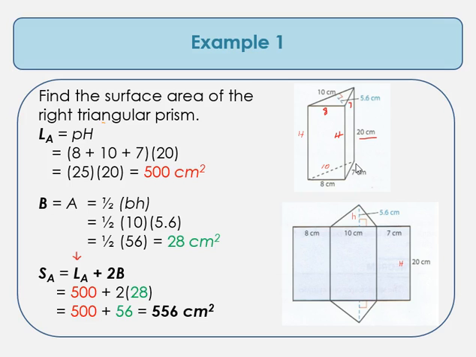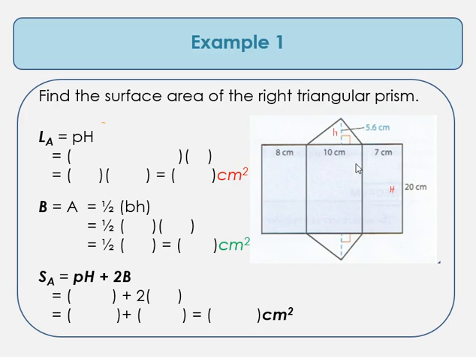So now we have the base, and what we're going to do is now add together 500 centimeters squared plus 2 times 28 centimeters squared, which is 556 centimeters squared.